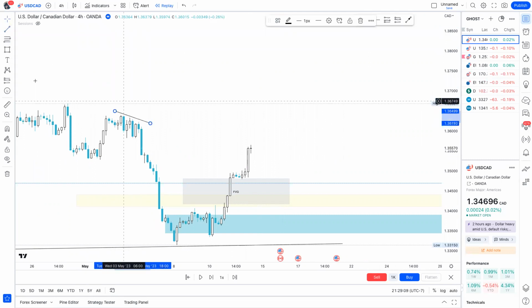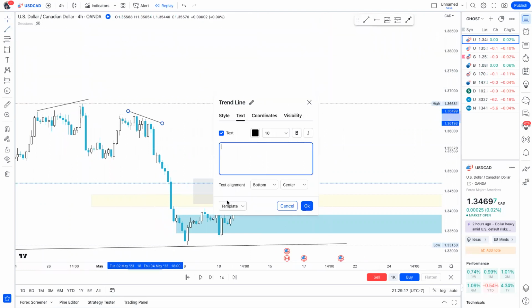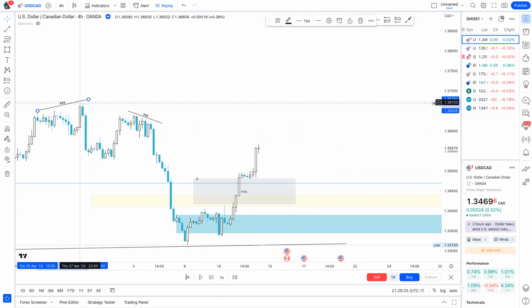You can see trend line liquidity. We're just going to mark this one too. So liquidity here, and liquidity here. So we've got orders resting here, orders resting here. Retailers are expecting price to come up here and then sell once it reaches this area of resistance.